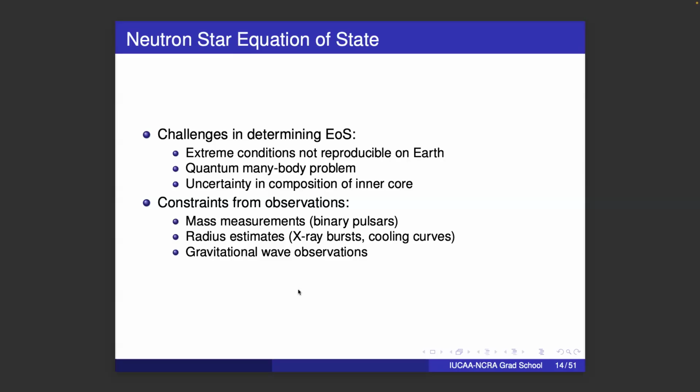So the mass can be constrained by observations of binary pulsars. Okay? So the most famous binary pulsar is what is known as the Hulse-Taylor pulsar. Hulse and Taylor observed it for 20 years.